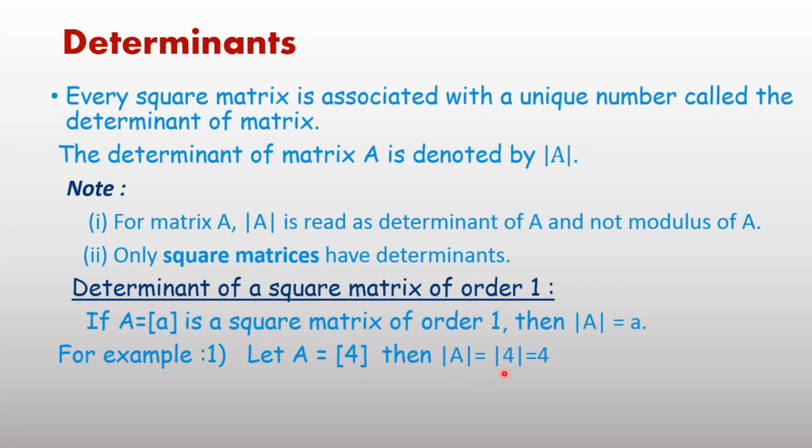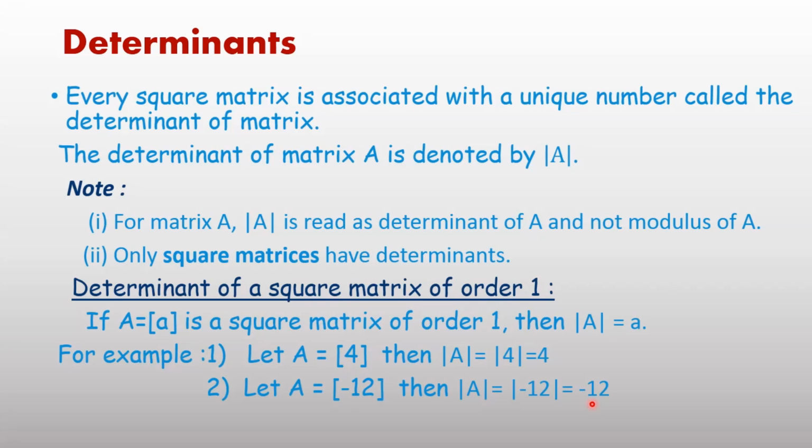Then determinant of A equal to determinant of 4 equal to 4. Or matrix A, element is minus 12. Then determinant of A equal to determinant of minus 12 equal to minus 12. Remember it, this is the symbol of determinant, not modulus. Therefore, whatever element is written here, the same element you have to write here, meaning minus 12. The value of a determinant may be positive or negative.